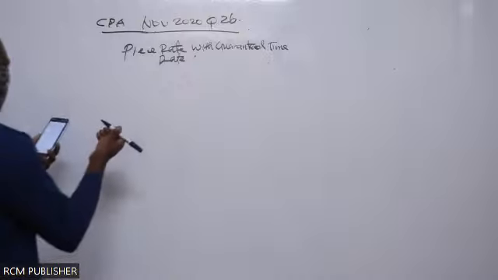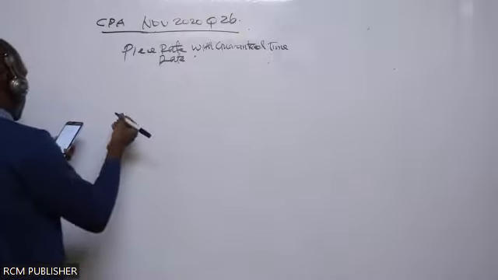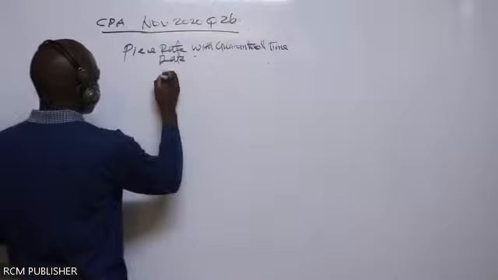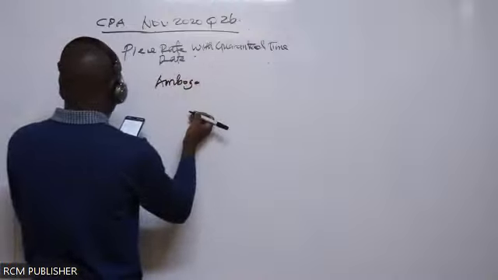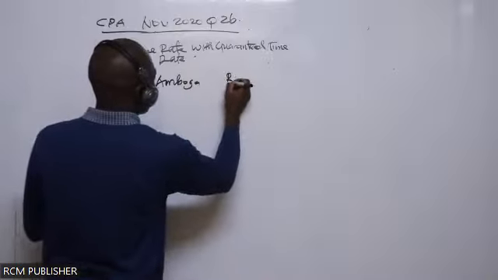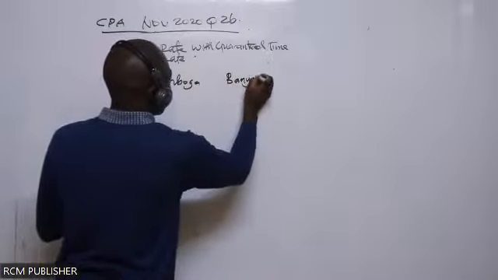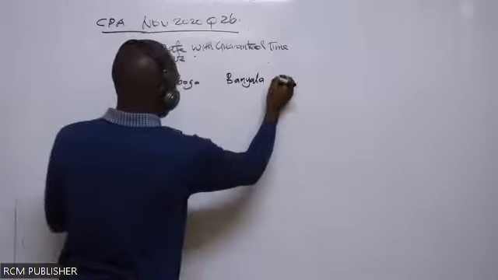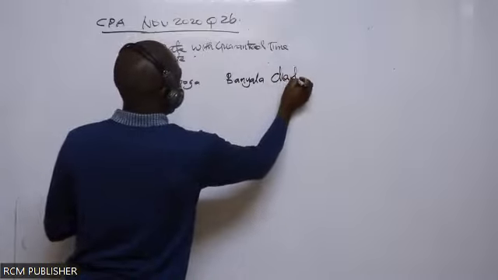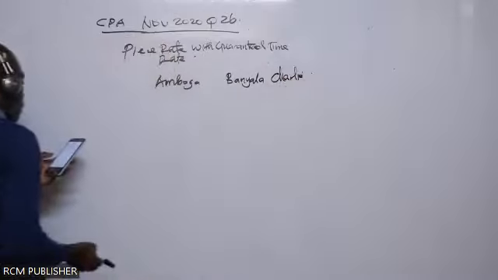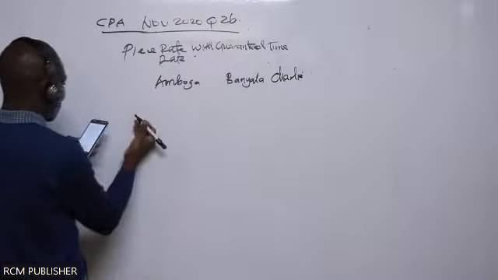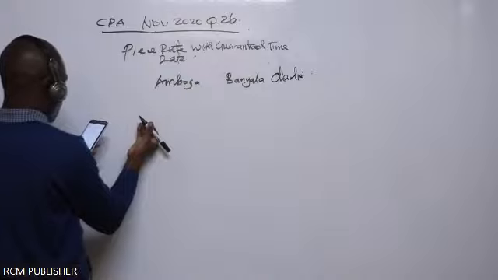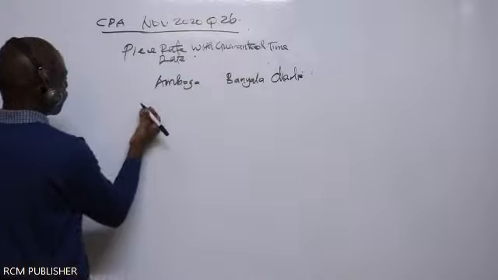So let's look at these 3 people here. We have Ambogo, we have Banyala, and then we have Charlie. So are we able to get the number of units produced?